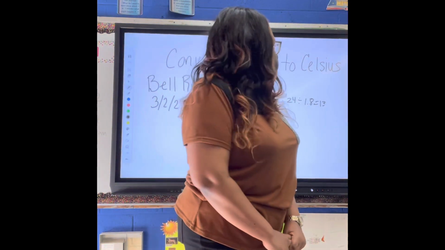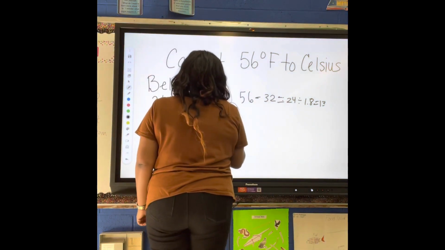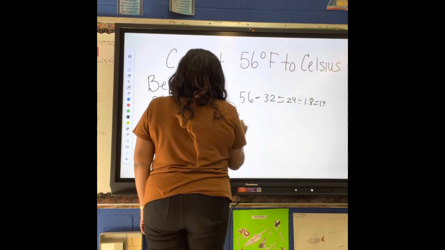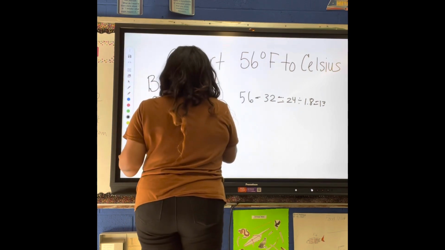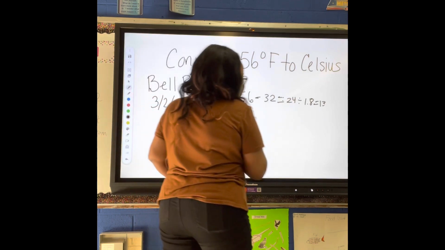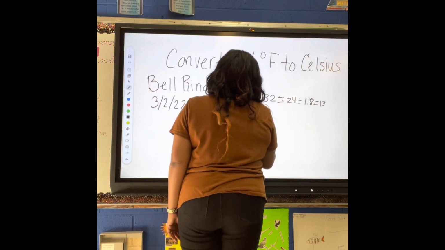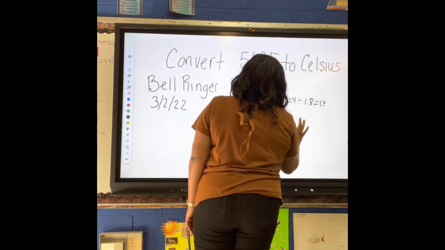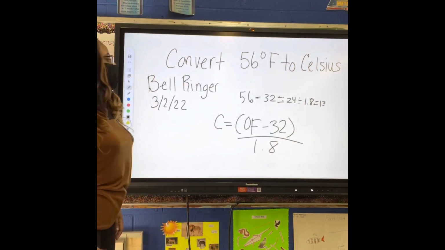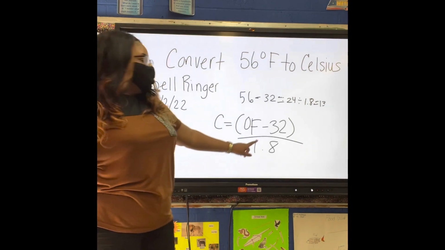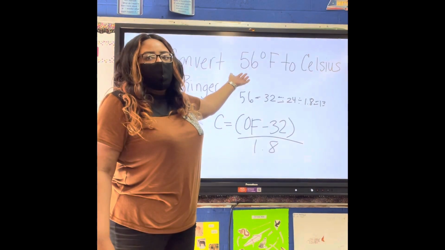The formula is C equals degree Fahrenheit minus 32 divided by 1.8. Let's check to see if the problem is correct. Okay, so we know that we need to get the degree Fahrenheit. I gave you the number for the degree Fahrenheit, which is what?